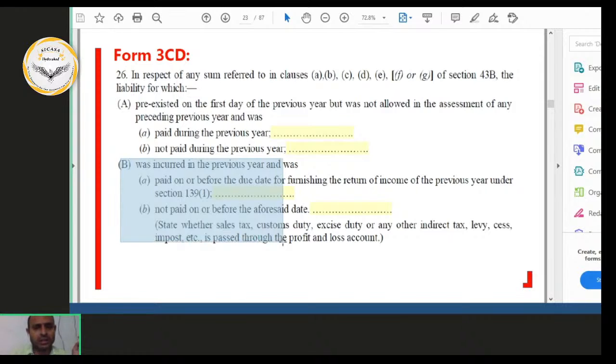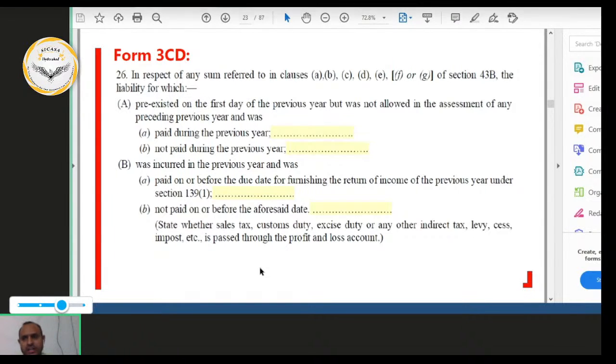What they are talking about in box B is that it is incurred and it is paid on or before the due date for filing the return, and what is not paid. It means out of the outstanding amounts, how much is paid within the due date and what amount is not yet paid.